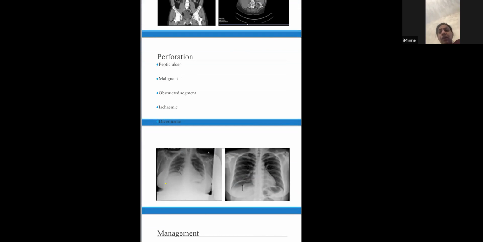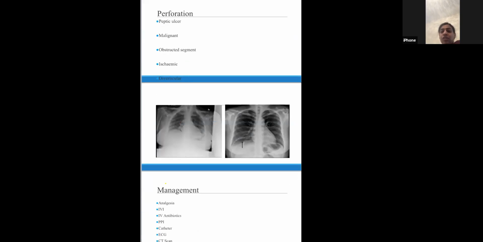But bear in mind, you can be caught out by something called Chilaiditi's sign, where a loop of the transverse colon gets between the diaphragm and the liver, which you can see on the right, and you can easily mistake that to say this patient has got pneumoperitoneum. But if the patient doesn't have signs and you think, well, actually the X-ray is not matching the clinical signs, the next thing to do would be a CT scan.